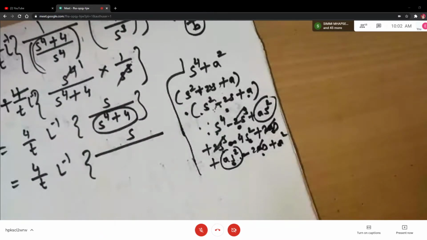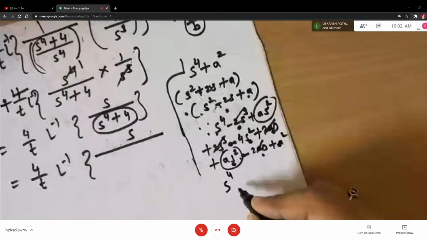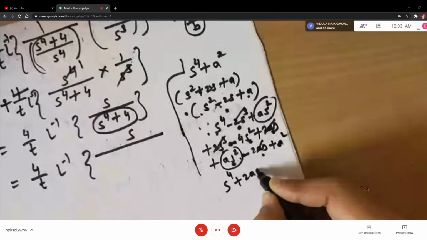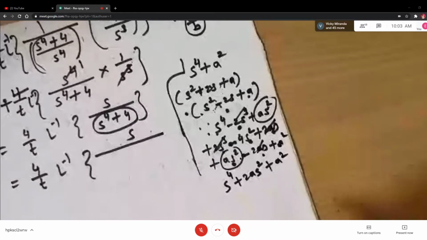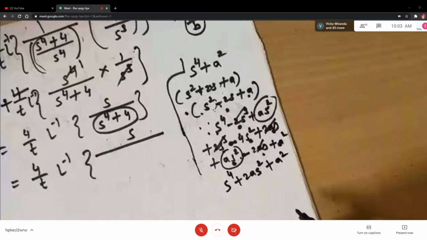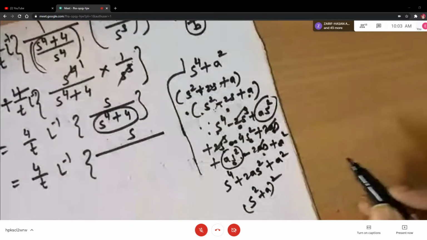Then it's going to become a square plus b the whole square. This will become s raised to 4 plus 2a s square plus a square. So you are saying that it will be s square plus a the whole square, correct?